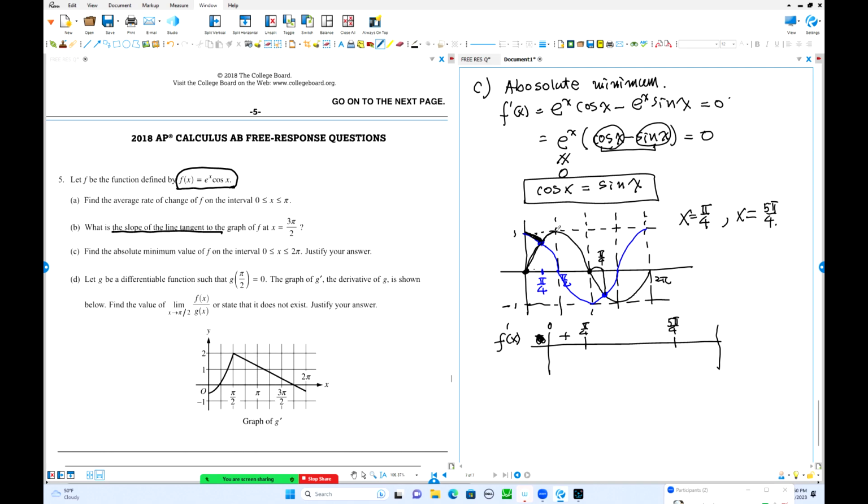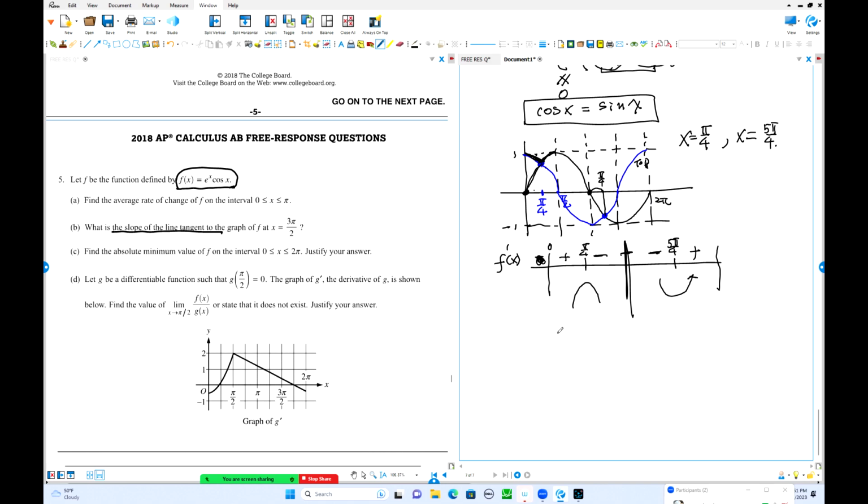After this, sine x is bigger, so small minus big is negative. This time it is a relative maximum, increasing then decreasing. Before 5 pi over 4, sine x is bigger than cosine x, so that is negative. Right after this, cosine x is on top and sine is lower, so it is positive. This is the minimum value.